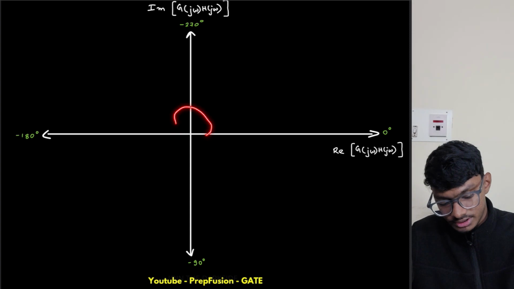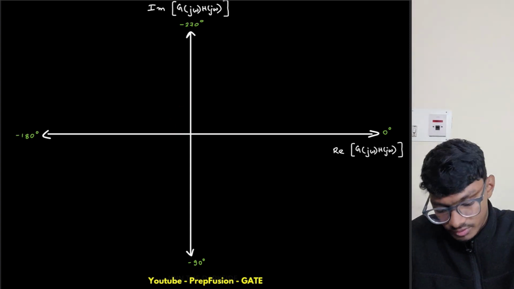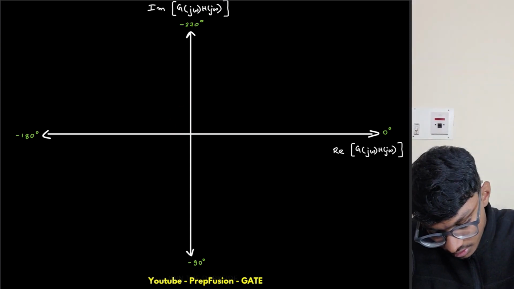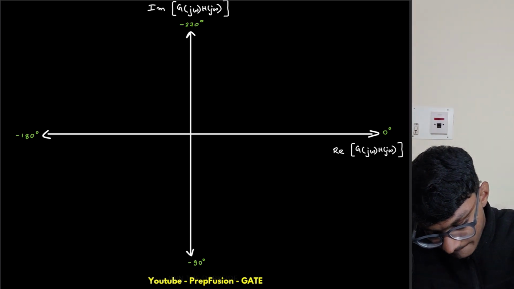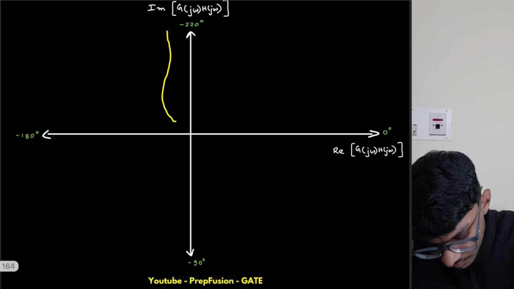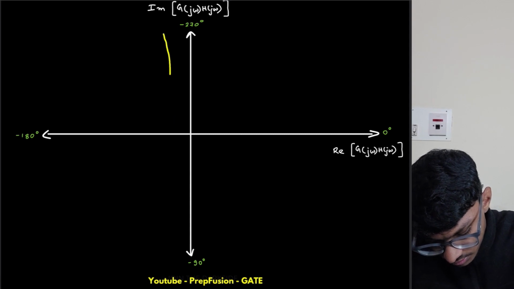Because it is ending at minus 180 or 180, whatever you want to say, right? So we start somewhere like this. I'm not drawing it perfectly, just hold on a second.